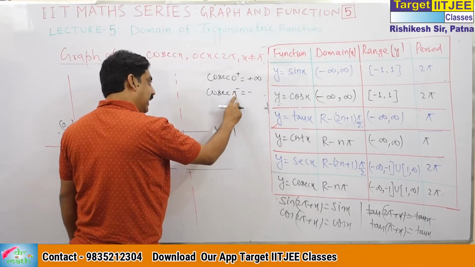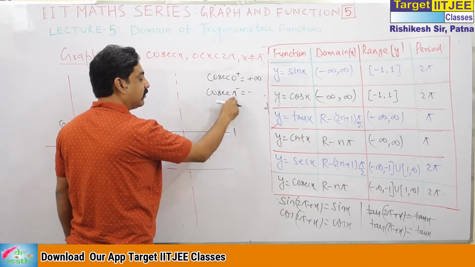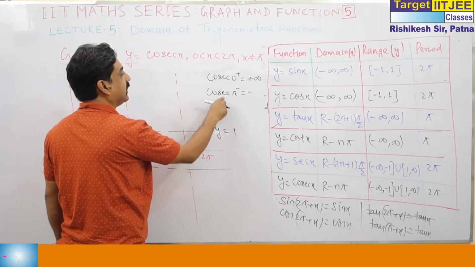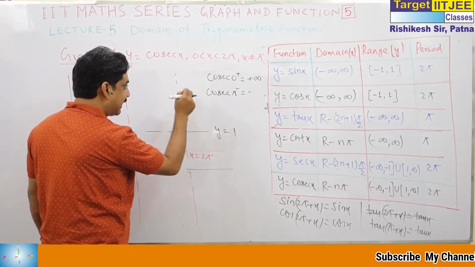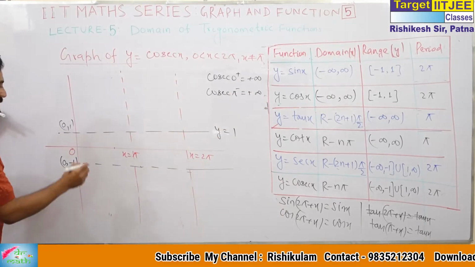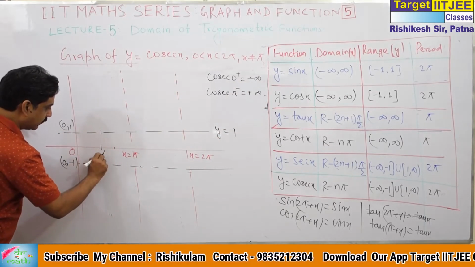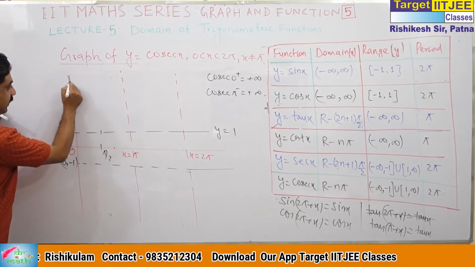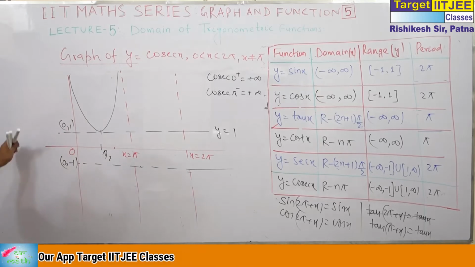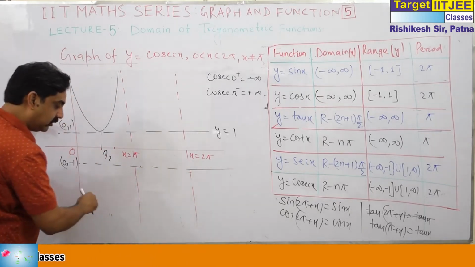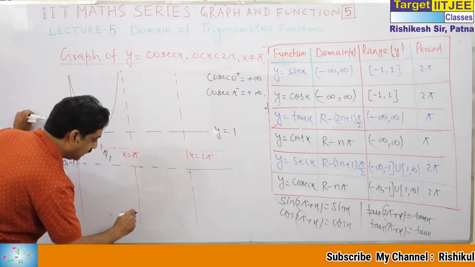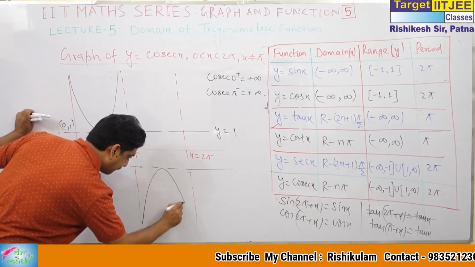Pi minus again lies in the second quadrant, and in the second quadrant sine and cosec are positive. So again plus infinity. The graph will be like this. At pi by 2 it is 1. So infinity to this and this to this. Very easy. Likewise, in the third and fourth quadrants, sine and cosec are negative. So the graph will be like this.